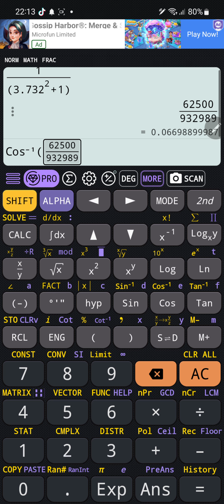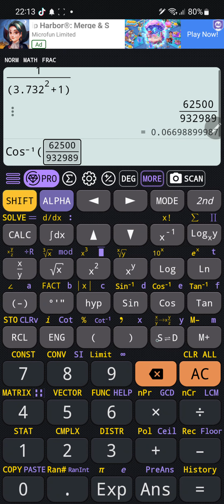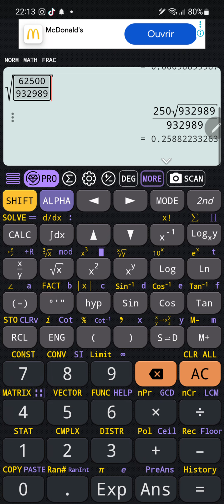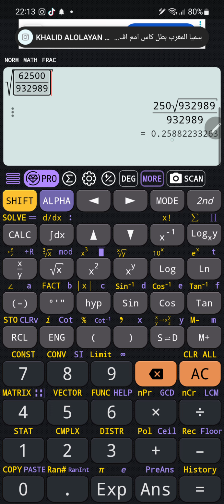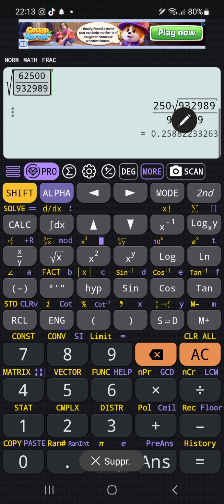Oh, sorry, we have to do the root square of this. So if we do, yes, the root square of answer, it is this. And they want just the three decimals. So it's 2, 5, and 8 only. But if we stop here, we have to make the 8, 9.